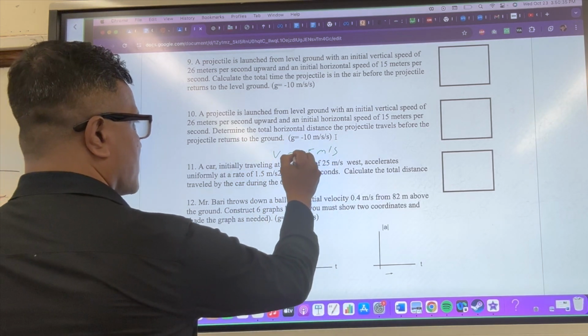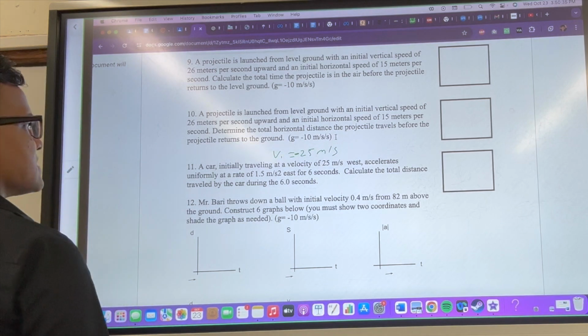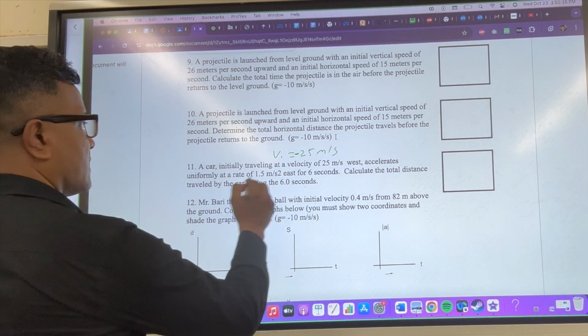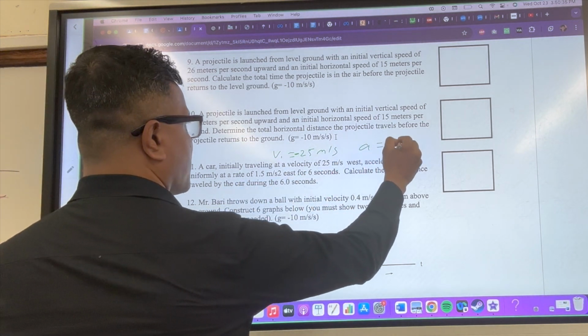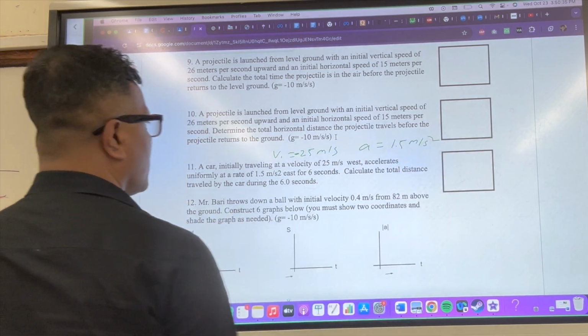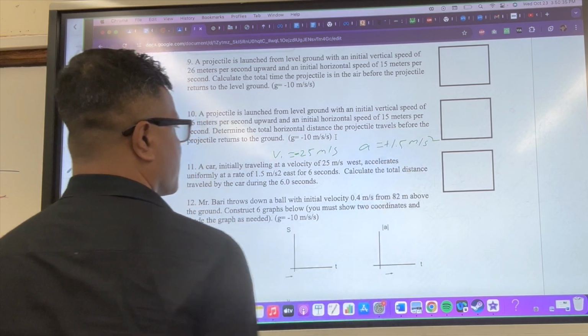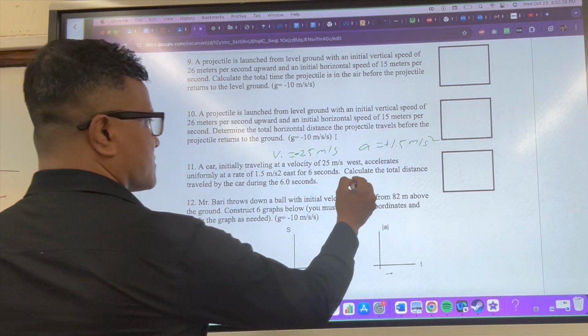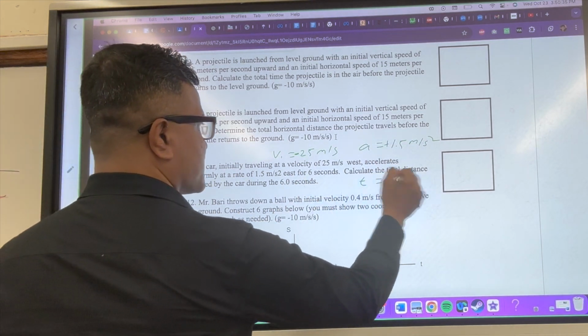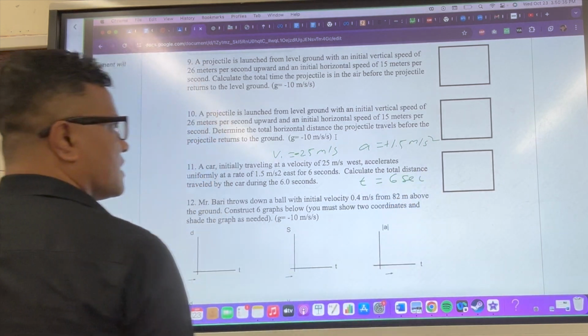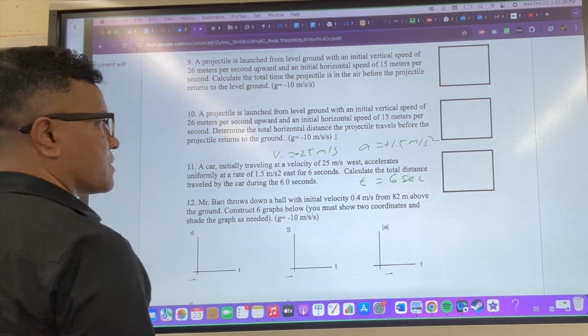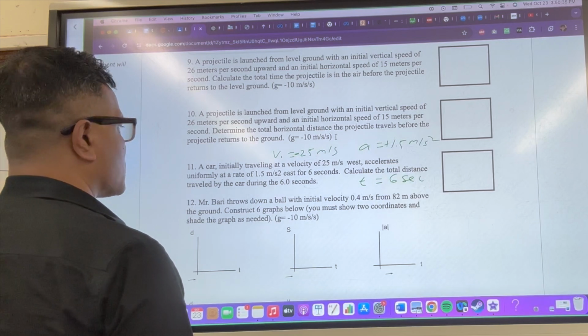West, so it must be negative. Accelerating uniformly at the rate of 1.5 meters per second squared to the east, so this must be positive, for 6 seconds. Time doesn't matter, direction doesn't matter. Time is always positive. Calculate the total distance.